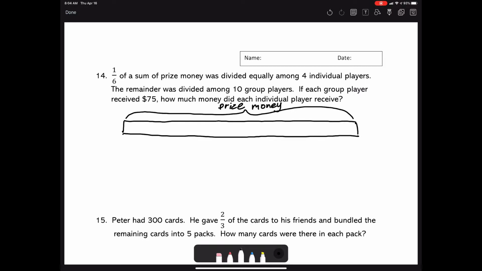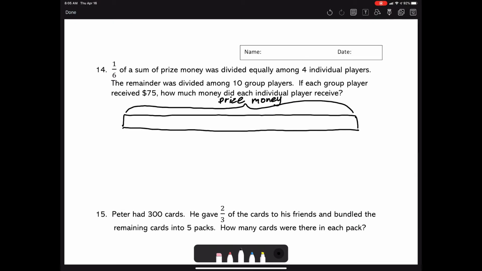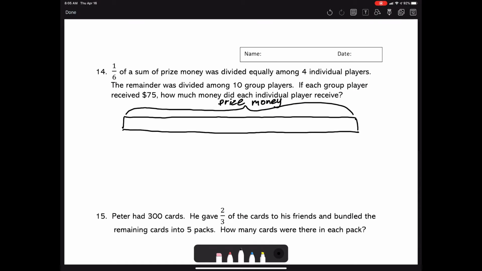And it says here that 1/6 of the sum of prize money was divided equally among 4 players. So I'm going to start off by taking the prize money and cutting it into 6ths. You take the total and cut it into 6 equal parts. And you can see here that this would be 1/6 of the prize money.